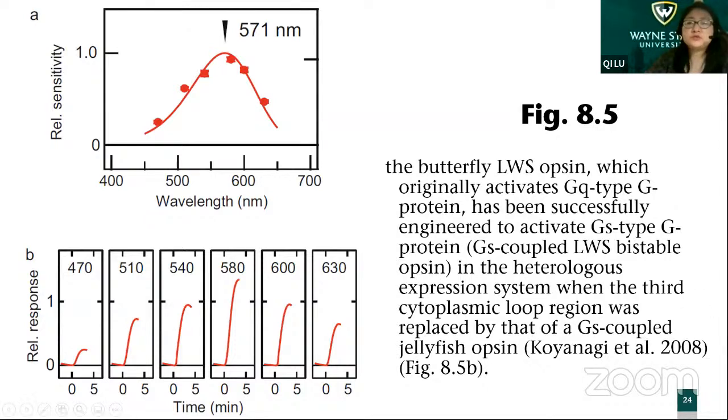So I have to do some molecular engineering that can change the third transmembrane domain, sorry, it's not the transmembrane domain, it's the third cytoplasmic loop region, and that will switch it into a Gs-coupled opsin.